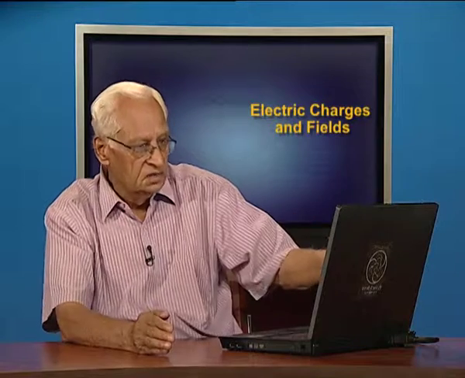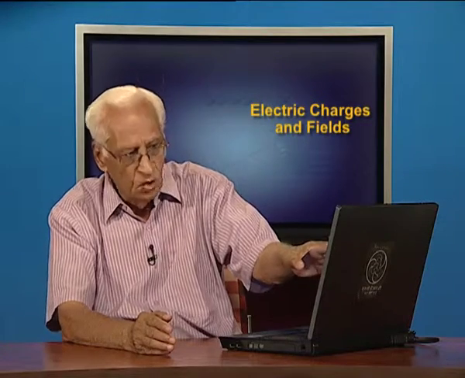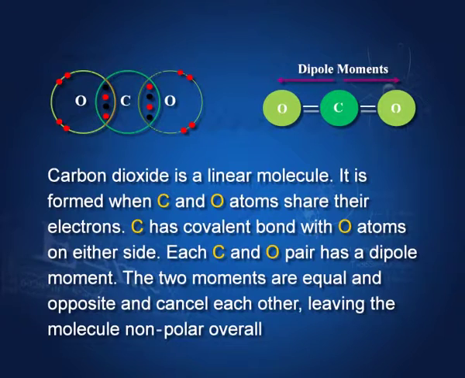This molecule is not a polar molecule, and the dipole moments cancel. The dipole moments are in opposite directions, equal in magnitude, and therefore, they cancel. This is a non-polar molecule.